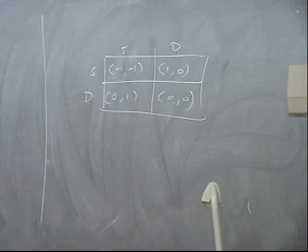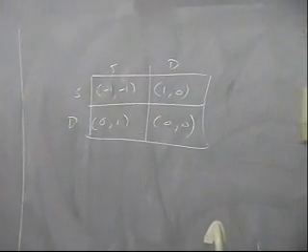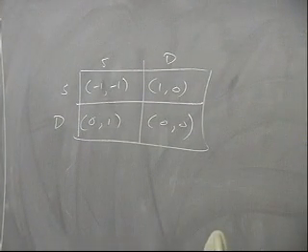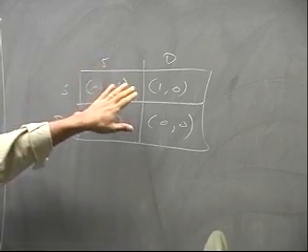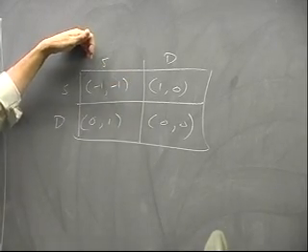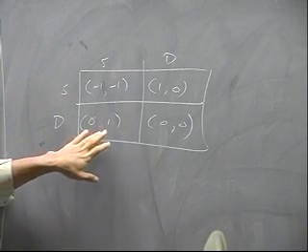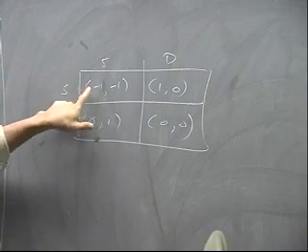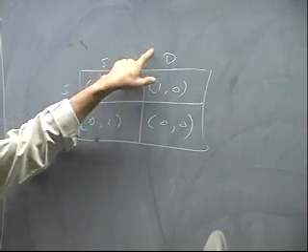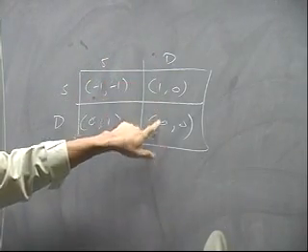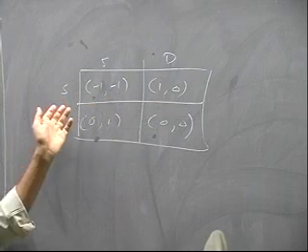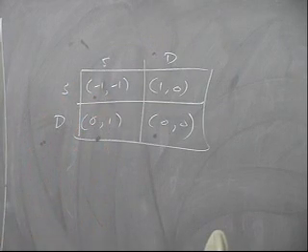The strategy profile over here is basically SD, SS, etc. If the column player plays S, the best response for the row player is going to be D, because 0 is greater than minus 1. If the column player plays D, the best response for the row player is going to be S. It's symmetric, so the same thing holds for the other player as well.